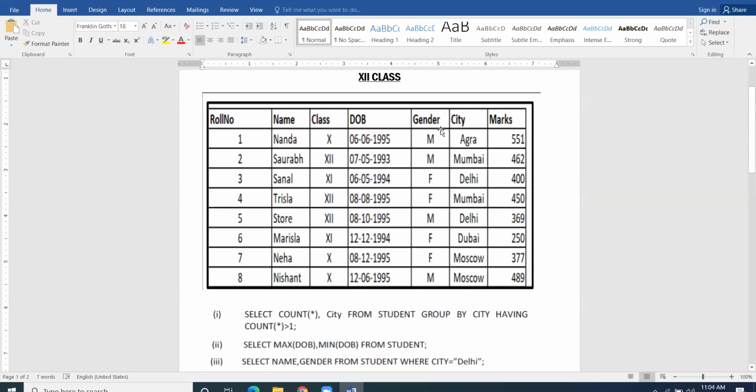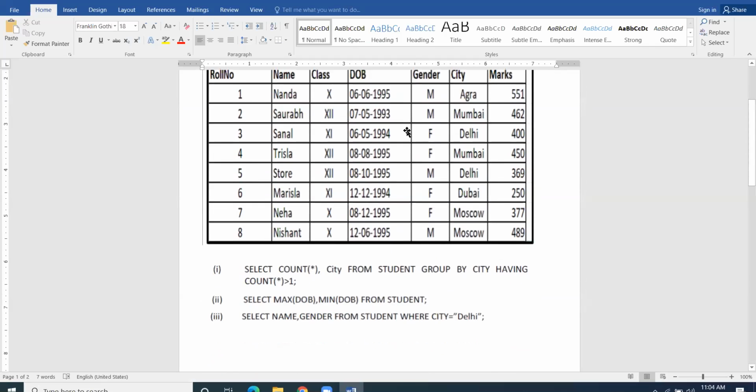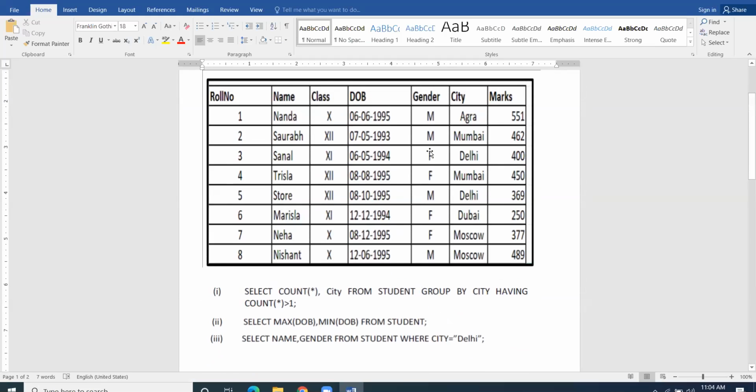This is the table and the name of the table is student. I hope it is clearly visible to everybody. Fine. We have roll number field, name field, class, date of birth, gender, city, and marks.